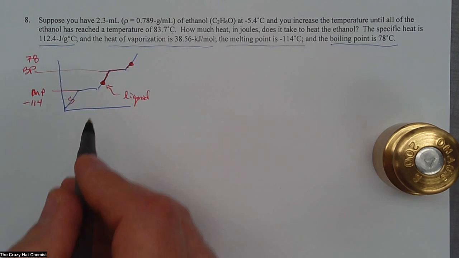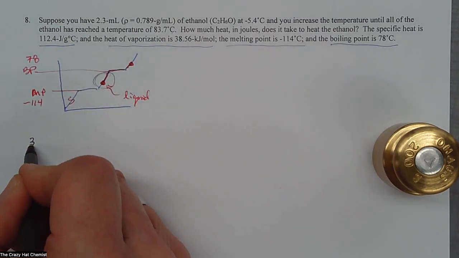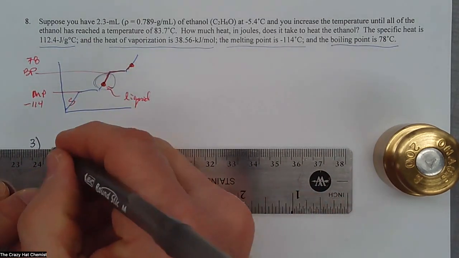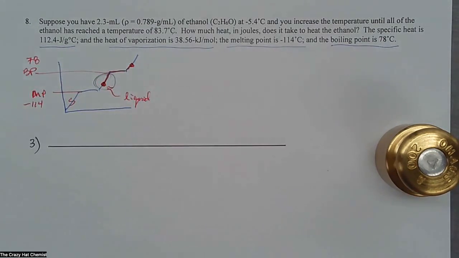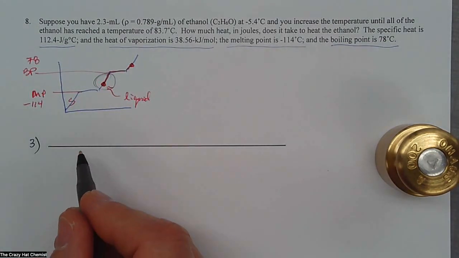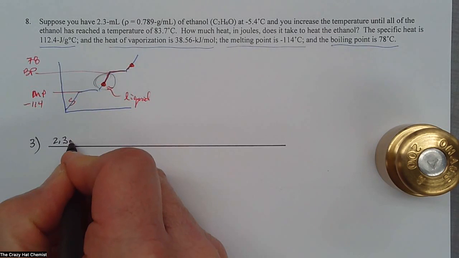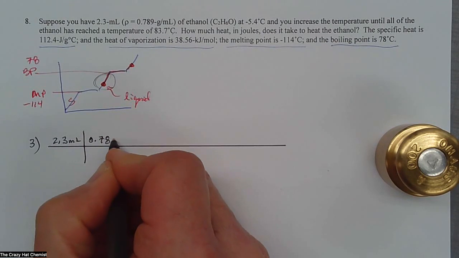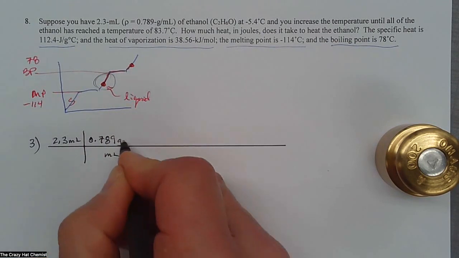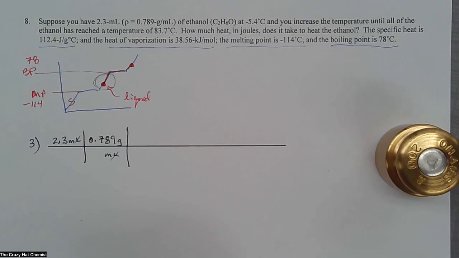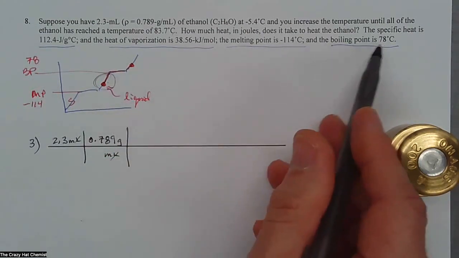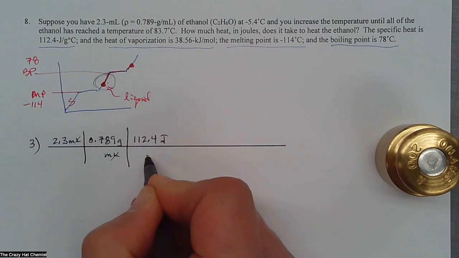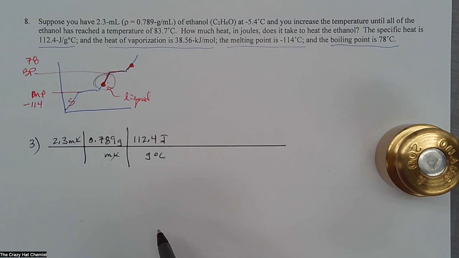All right, folks, so here we go. We're going to do this step right here, step number 3. We're going to slide this along right here. So step number 3, we're going to have 2.3 milliliters and the density, 0.789 grams per mL. That will cancel out our milliliters. In this step, we're going to use the specific heat capacity, that is 112.4 joules per gram degrees Celsius.